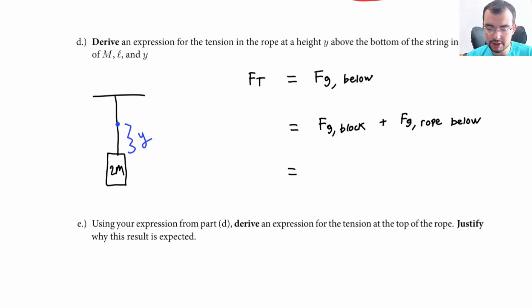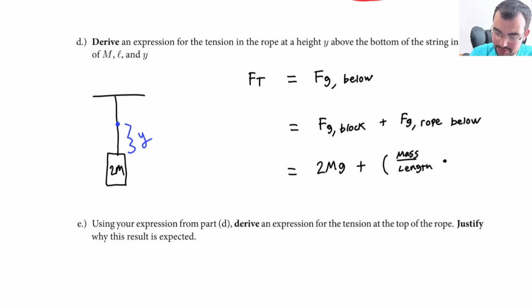So the Fg of the block is pretty easy. It's just 2mg. And then what is Fg of the rope below? Well, we know that we can write the mass of the rope as the mass per unit length of the rope times how much length of the rope there is at that point. And we could see that because the length terms would actually cancel.